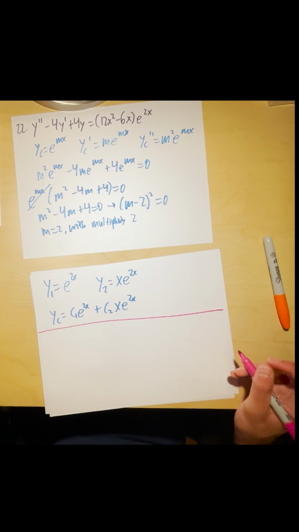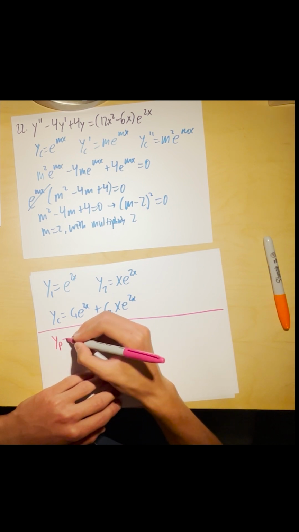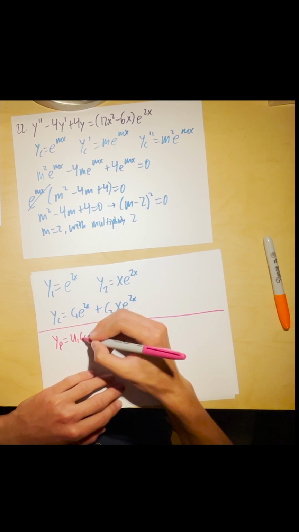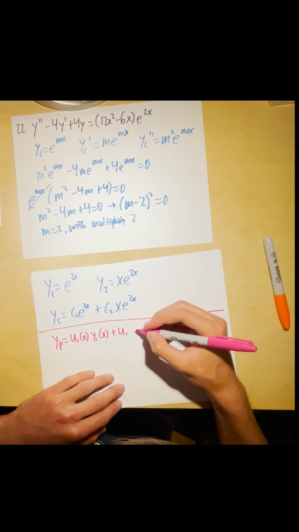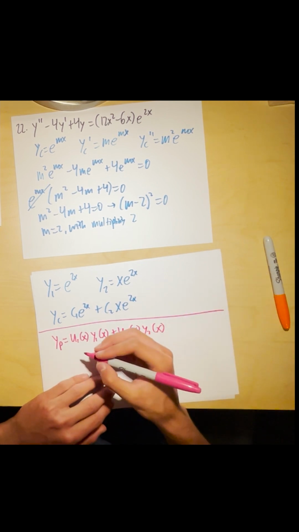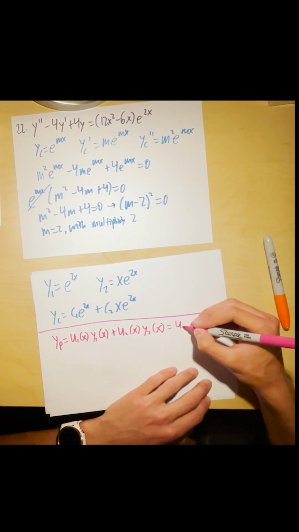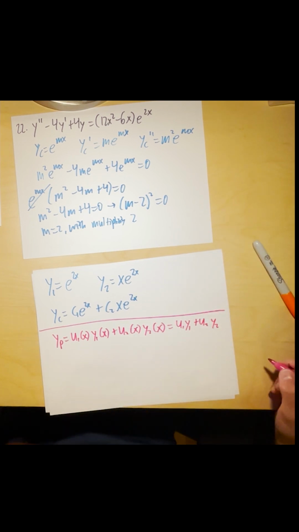So in this method, you're going to start with your particular solution having the form yp equals u1 of x, y1 of x, plus u2 of x, y2 of x, which I'm just going to write as u1 y1 plus u2 y2.